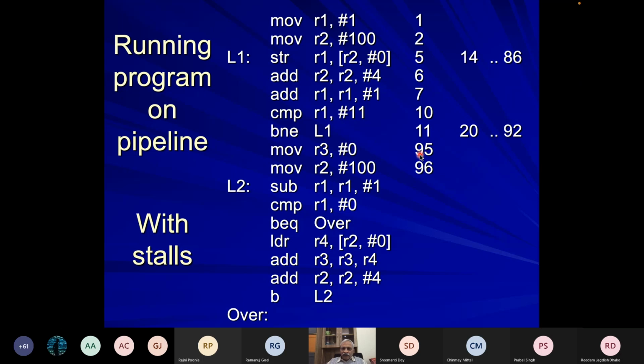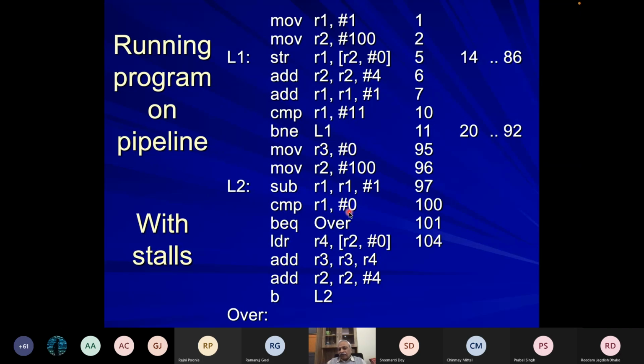Then continue here. Now after subtraction, you're making a comparison. So again there'll be a delay. So I've added 2 cycle delay here. Then there's a branch, but I'm assuming there'll be a delay of 2 cycles whether you are branching or not branching.